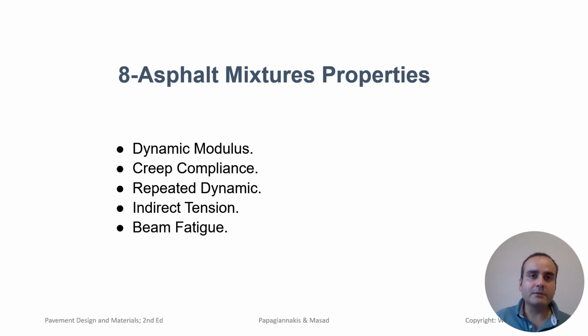There are different types of asphalt mixture properties that can be determined using a wide variety of testing protocols, such as dynamic modulus, creep compliance, repeated dynamic, indirect tension, and beam fatigue.